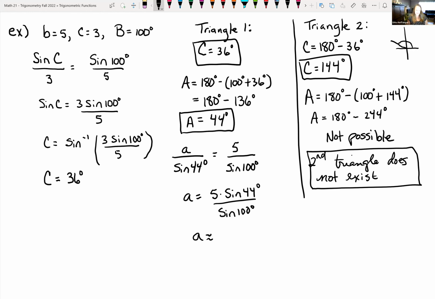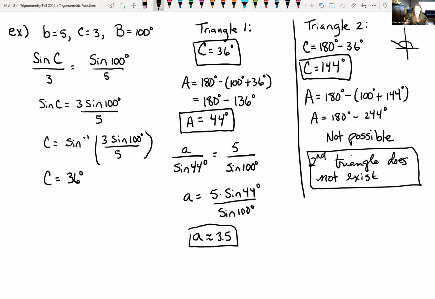So plugging that into our calculator, we get 5 sine of 44 in parentheses, divide by sine of 100. You could end your parentheses there too, and we get that that's approximately 3.52. Or if we rounded, it would be approximately 4. Or if we rounded to the nearest tenths, it would be approximately 3.5.